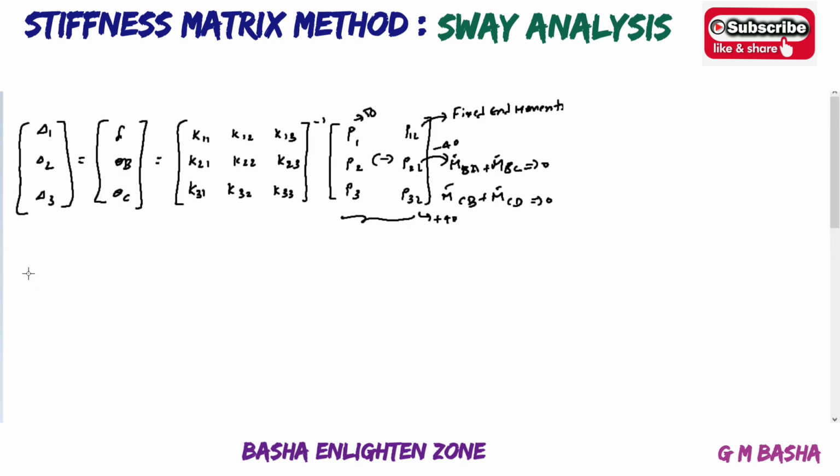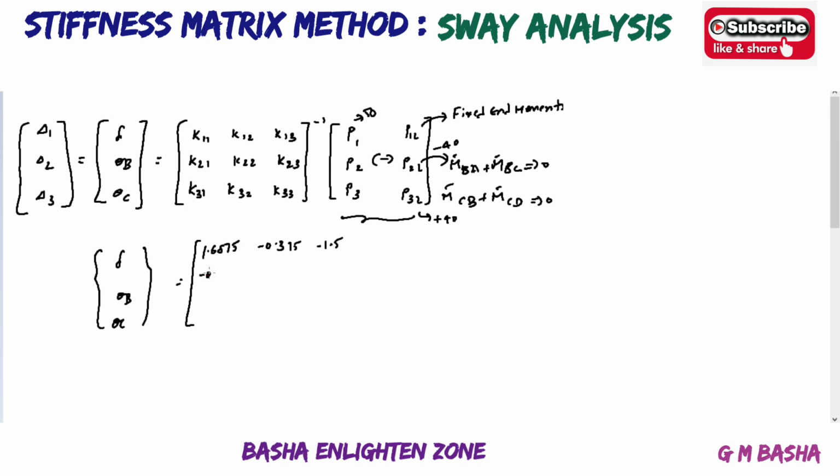Okay, see here, find delta, theta b, theta c. So we know what about this K11. So K11 will be equal to 1.6875. Simplify and take down directly. K12 will be 0.375. K13 will be minus 1.5.